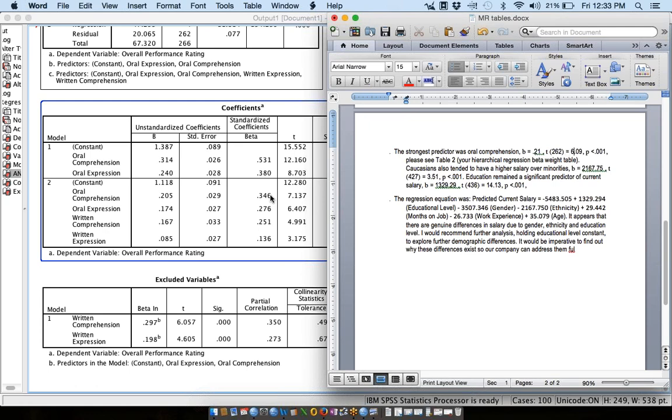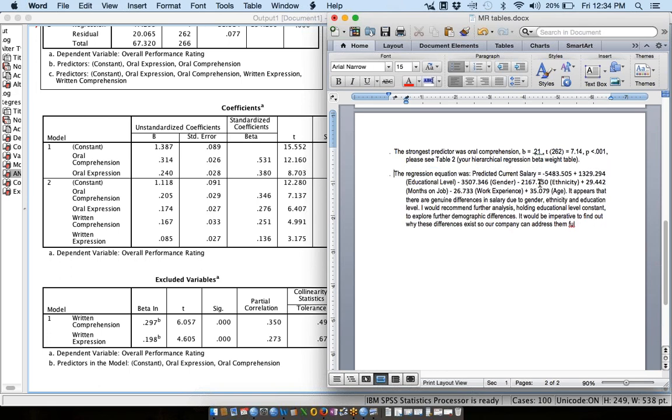The t-value is 7.14. And p is less than 0.001. Please see table 2, your hierarchical regression beta weight table. Okay, so you're going to repeat that for each variable in the order of importance.